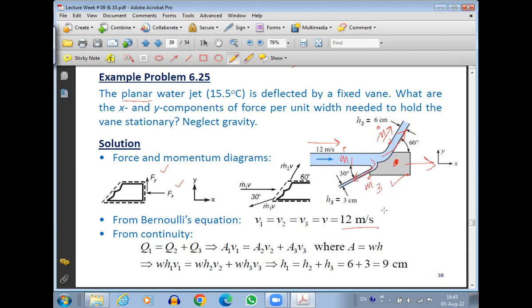So m.1 equals m.2 plus m.3. Since it is water throughout, the densities cancel, so we have A1 V1 equals A2 V2 plus A3 V3.